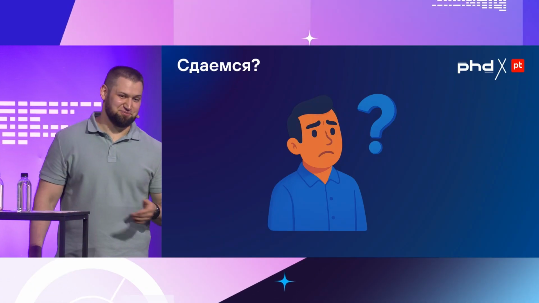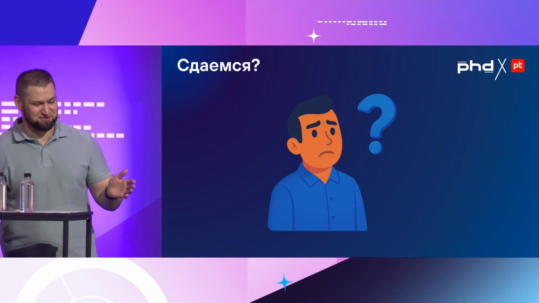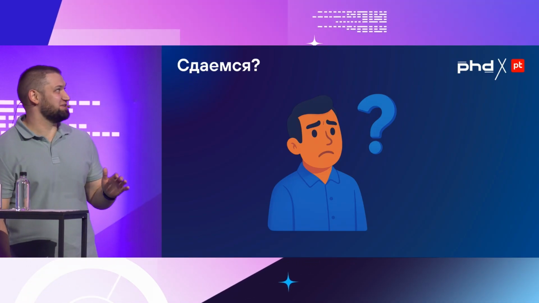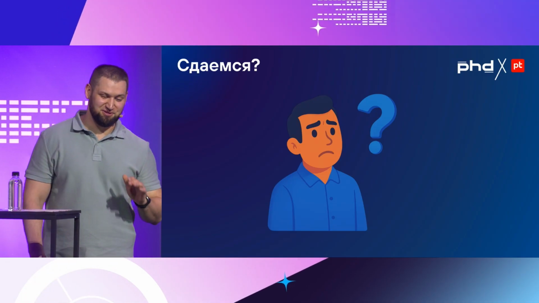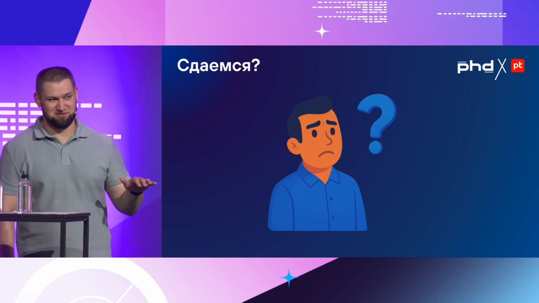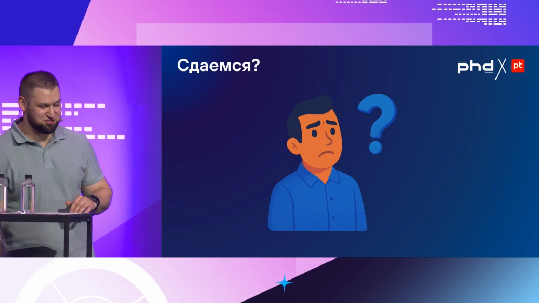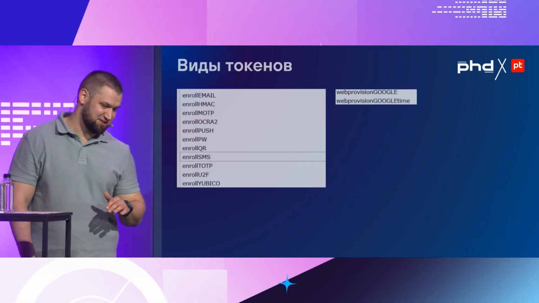I tried to do the same with Yandex.Key. It didn't fly. I started just selecting applications available for iOS and Android, one after another, to find a client application.